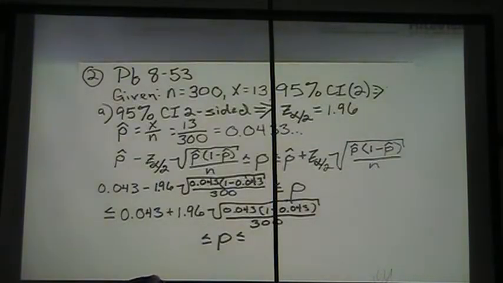All right, equals 0.043 minus 1.96 times the square root quantity of, another left parenthesis, p hat times the quantity 1 minus p hat divided by 300.